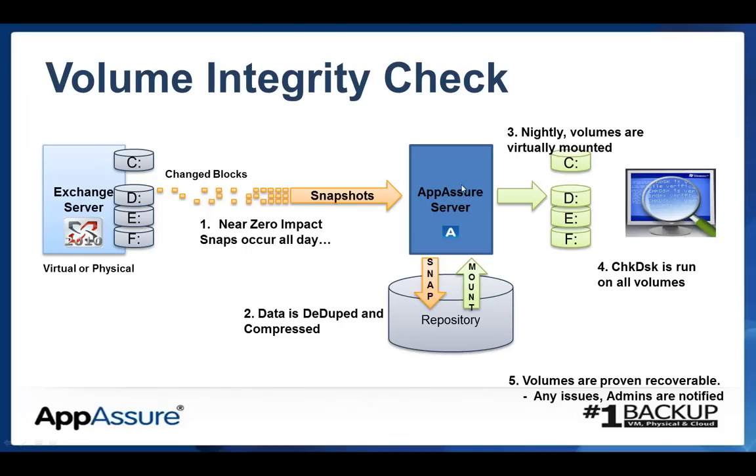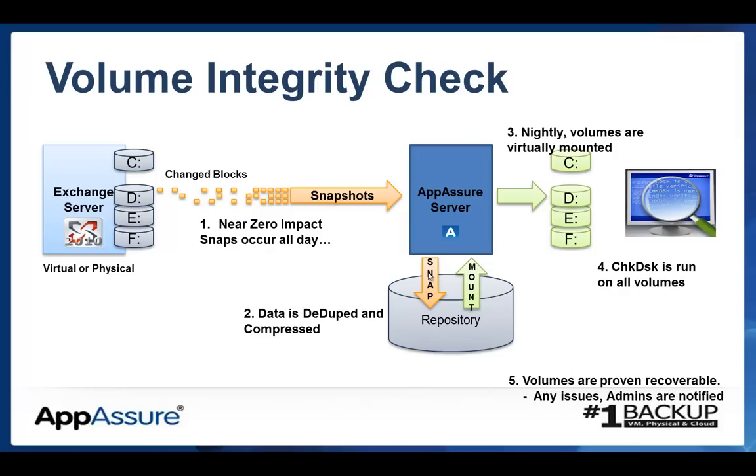It takes that data and moves it down to the AppAssure core server and its repository where the data is stored, deduped, and compressed. Now, for every system that we back up, for every volume that we back up, once per night, we will reassemble the volume itself, using a virtual disk driver that is part of the core.